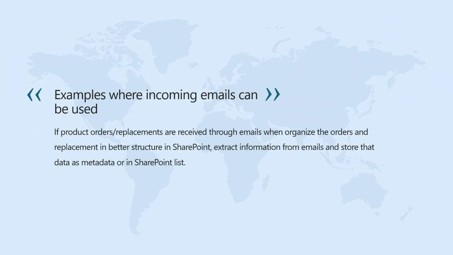In that scenario, you can configure the emails to fall into a SharePoint library, and then you can do further processing on the email, like a workflow attached to that email that this product order has been processed or this replacement has been processed, and also attach some metadata to the emails, which wouldn't be possible if the users are using a shared inbox. So that's one of the scenarios.